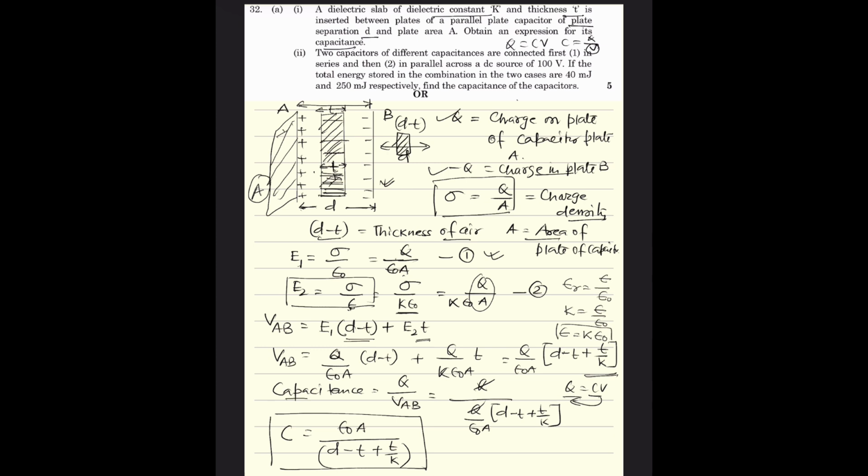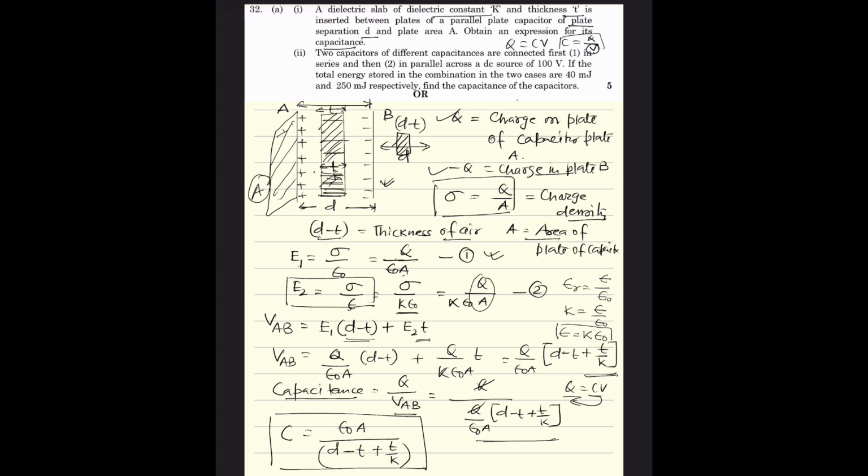Therefore, the capacitance of a capacitor is charge by potential difference, Q by the potential difference between A and B. We already found this, so Q cancels out, giving epsilon 0 A by d minus t plus t by K. So the introduction of a dielectric slab of thickness t changes the capacitance to this.